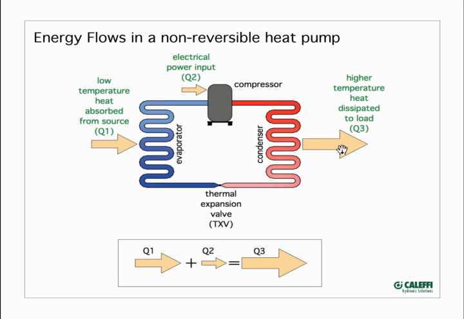So over on the right side, we have the higher temperature heat that's being dissipated to the load. And this little picture equation down at the bottom of your screen just shows that the source heat input added to the electrical heat input, or the heat that's generated as the equivalent of the electrical input, those two add together to give you that output.